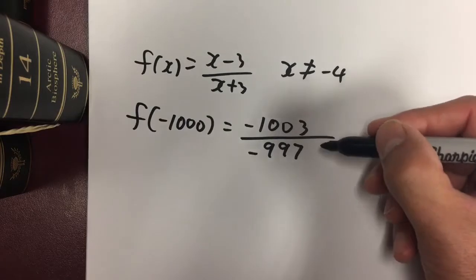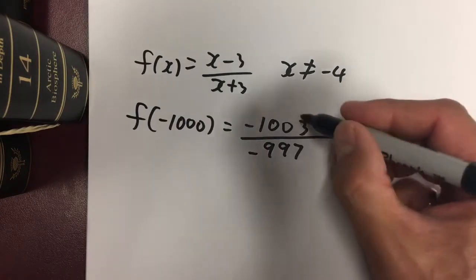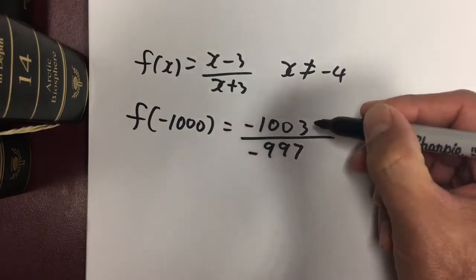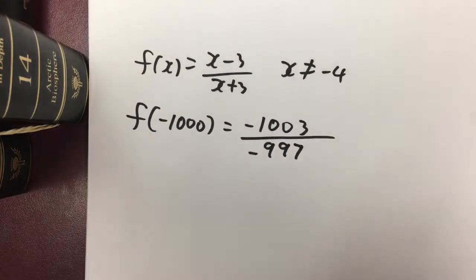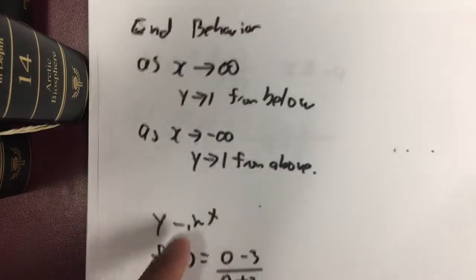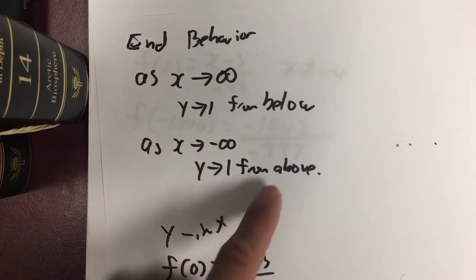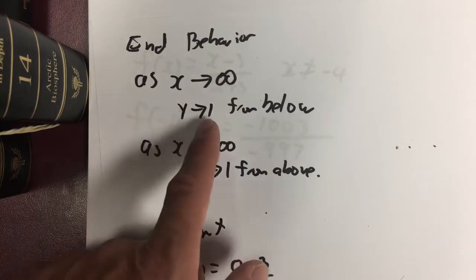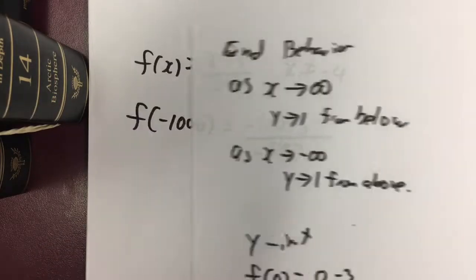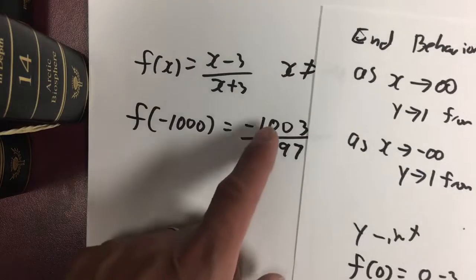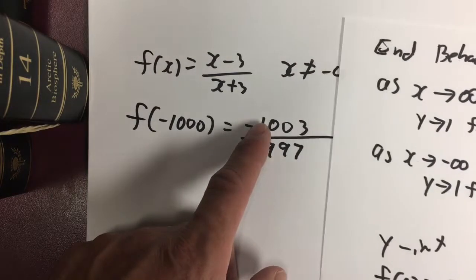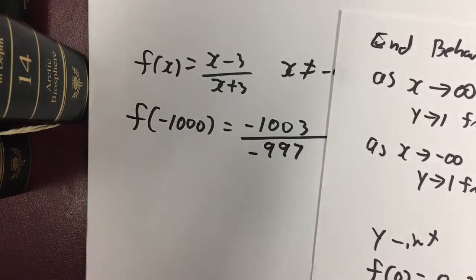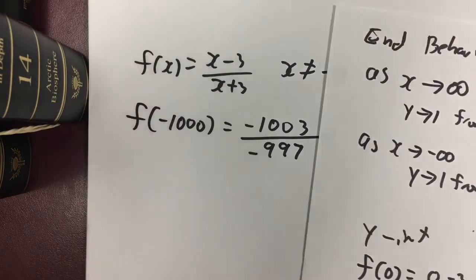This is a positive number that is approaching 1, but the numerator is always slightly larger than the denominator, so it stays above. That's how I know as x approaches negative infinity, y is approaching 1 from above. And likewise, as x approaches infinity, y approaches 1 from below. You could plug in a couple of large numbers and you'll see a numerator that's always smaller than the denominator, yet those two numbers are approaching each other as x gets closer to infinity.